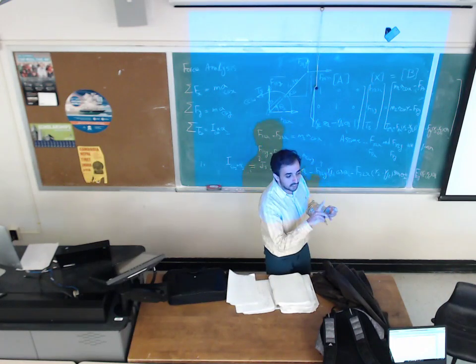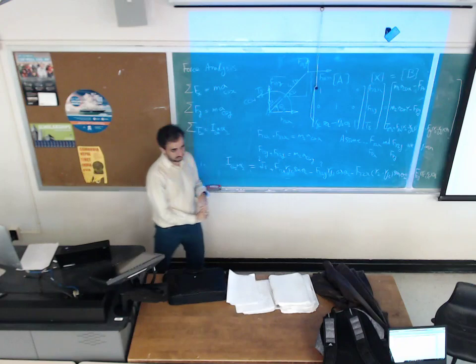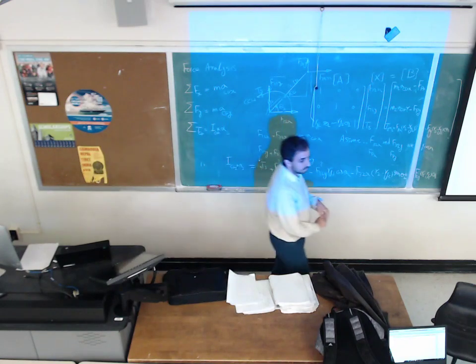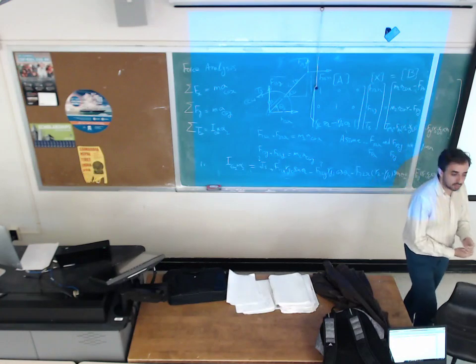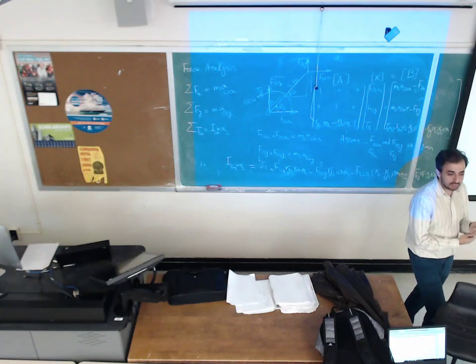And it's almost always a constant. If the motor is running at a constant speed, alpha 2 is going to be 0. Yes, alpha 2 is always a number. It's a scalar.